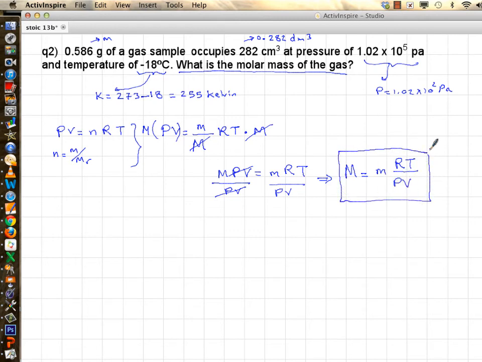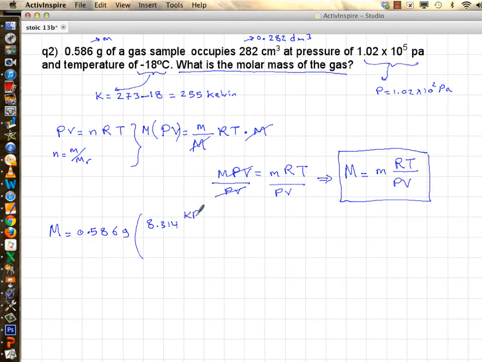What I need to do is just plug it in and be careful with the units, and I have solved the problem. So mass was 0.586 grams multiplied by gas constant 8.314. For us IB students, don't change.